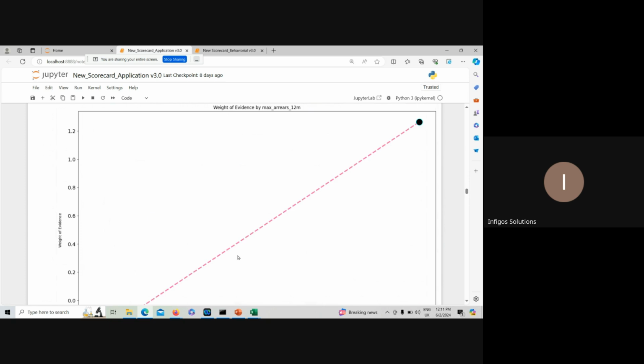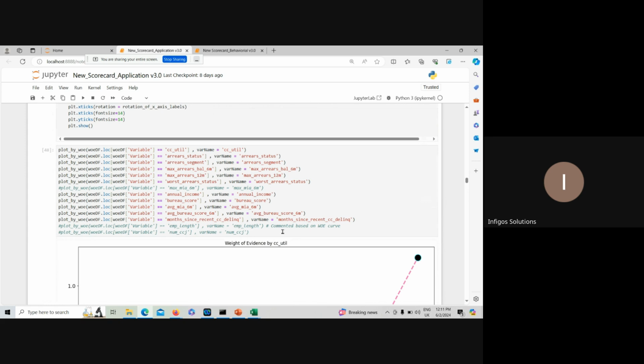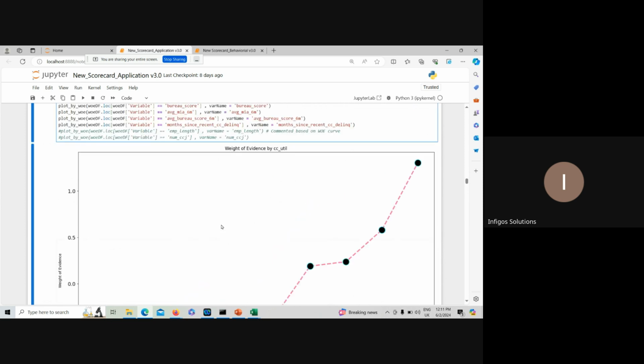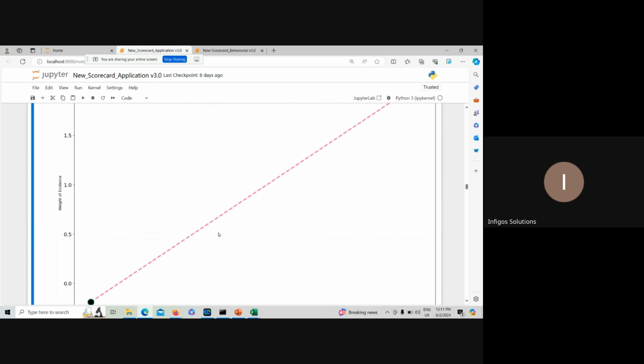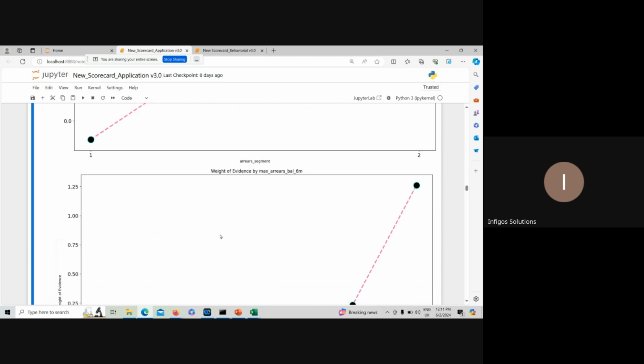Only one or two variables have been dropped, which are employee length and number of CCG. These are dropped. The rest of them have been kept, and this also has been dropped because of some reason. So we are following exactly the same process.